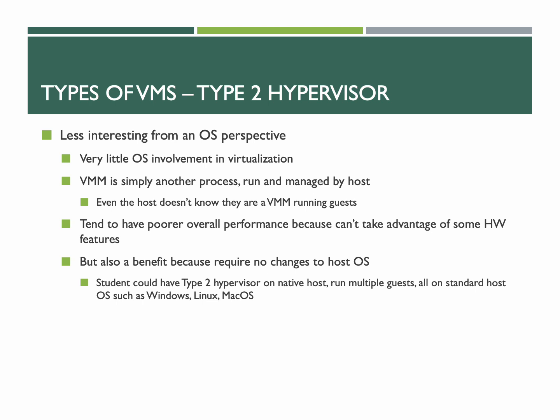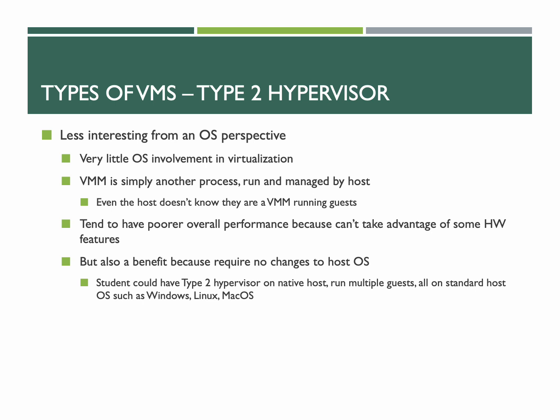This setup means that the hypervisor is essentially another application within the host operating system environment. So there is very little direct involvement or modification required from the host operating system to accommodate the hypervisor, making type 2 hypervisors particularly versatile and easy to deploy.